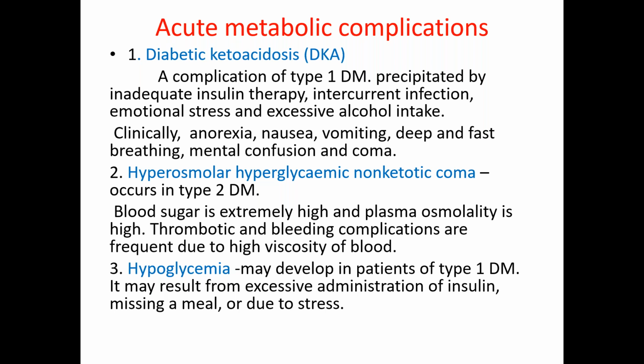This leads to thrombotic tendency and bleeding complications, and this is a frequently fatal condition. So the mortality rate is high in this complication. Again, the institution of insulin and fluids, maintenance of fluids, is the treatment for this type of coma.